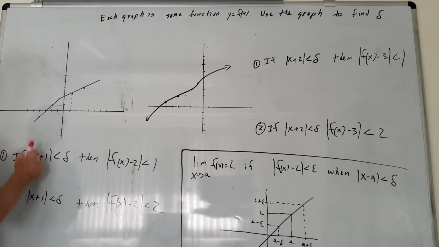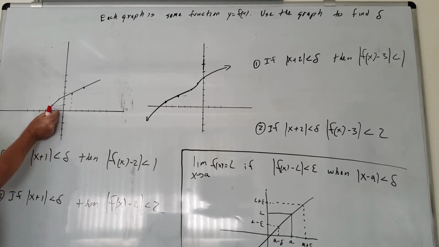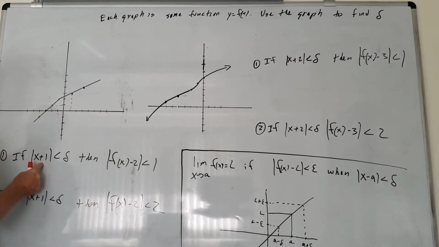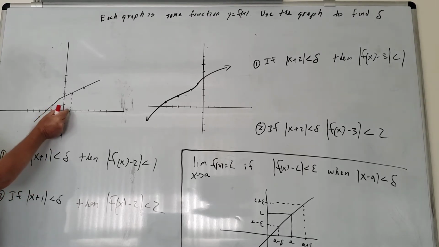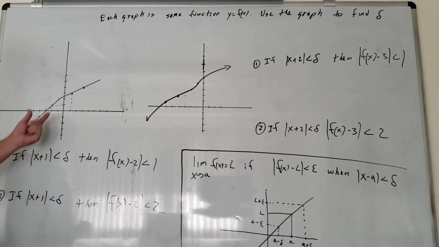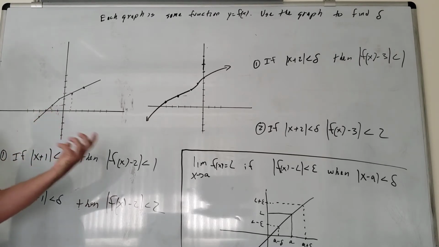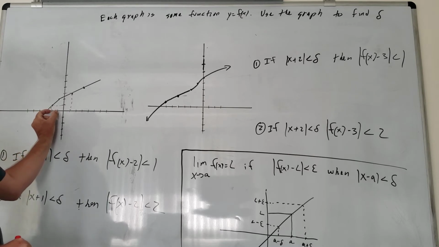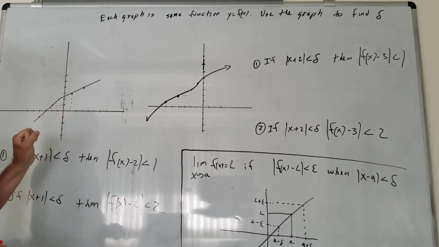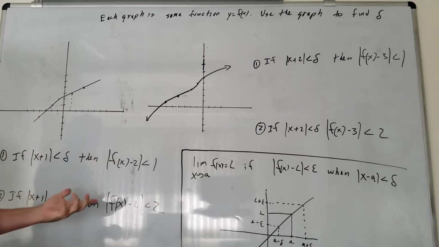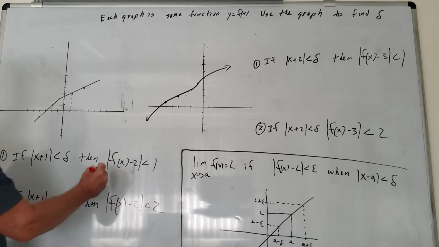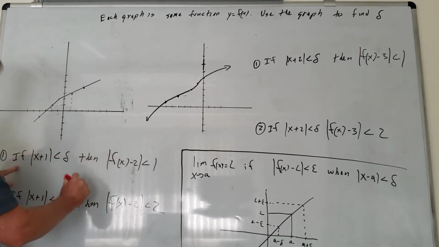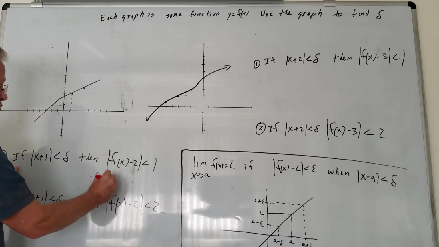What you want to do is you look at the distance on the left side of your -1, and you look at the distance on the right side in this neighborhood. And you want to pick the smaller of the two distances. This distance is 1, this distance is 2. 1 is clearly smaller than 2. So the value of delta for part 1 is 1.